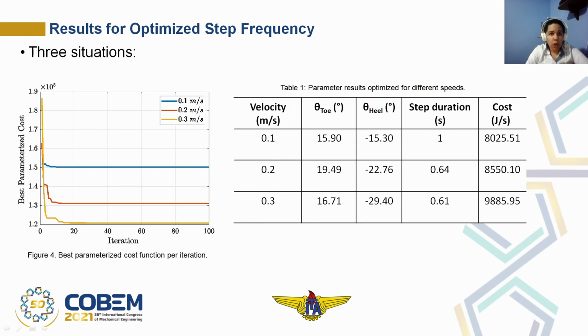In Table 1, we show the resulting optimization parameters for different speeds. It's important to mention this cost is in absolute value. Now, let's watch a video corresponding to the movie for the speed of 0.1.